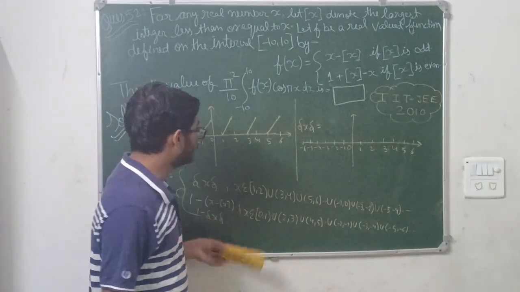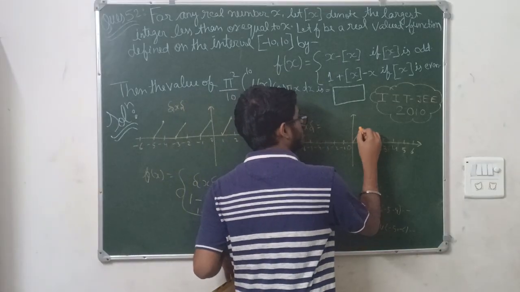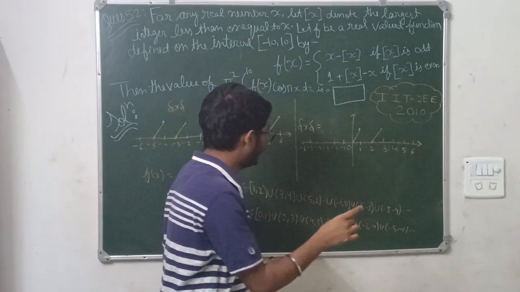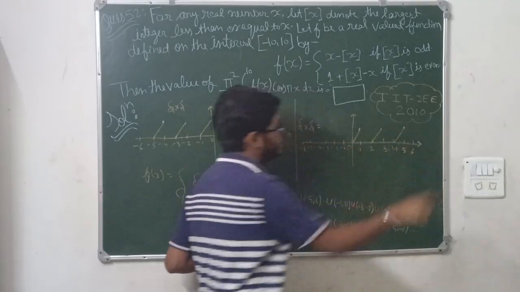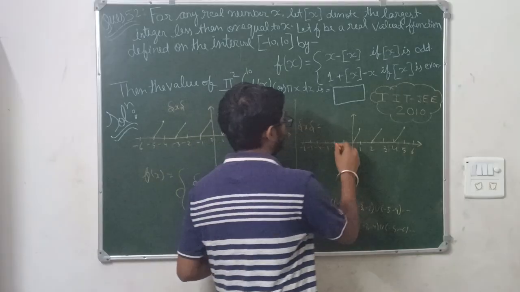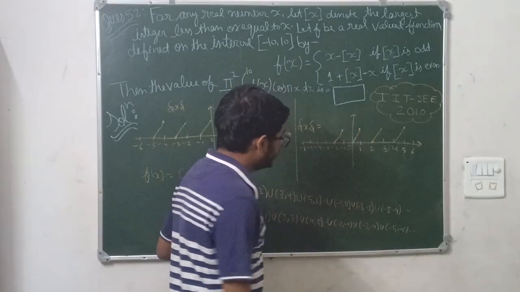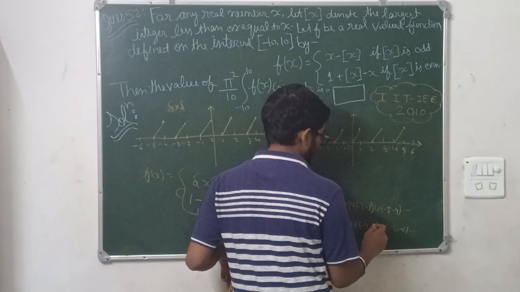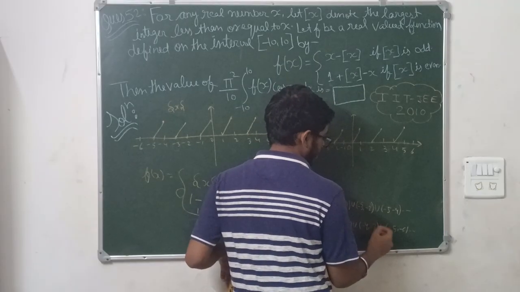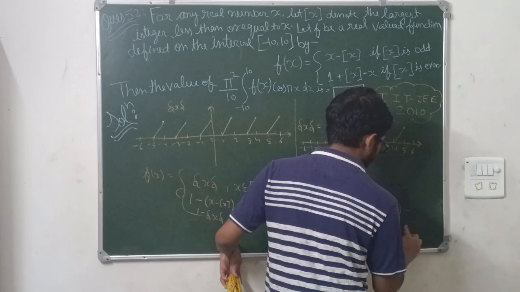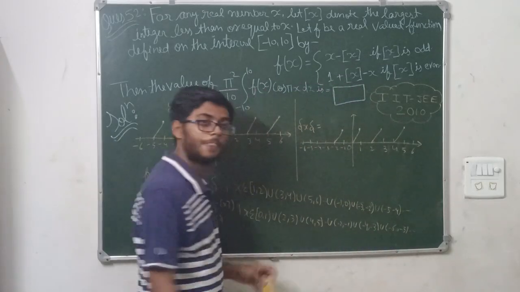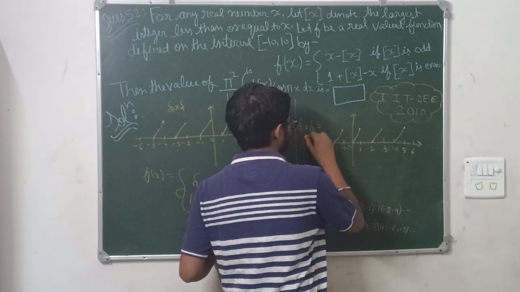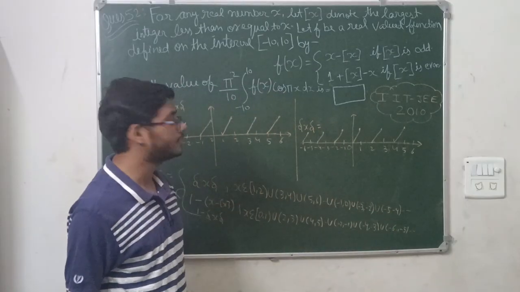Clear? 0 to 1, 2 to 3, 4 to 5, this is the graph. And for the negative side, minus 2 to minus 1, minus 4 to minus 3. Sorry, here also the same mistake: minus 4 to minus 3, minus 6 to minus 5. This is the graph for this greatest integer of x.